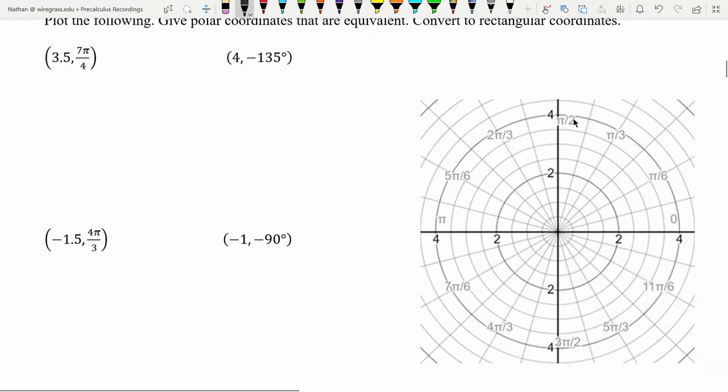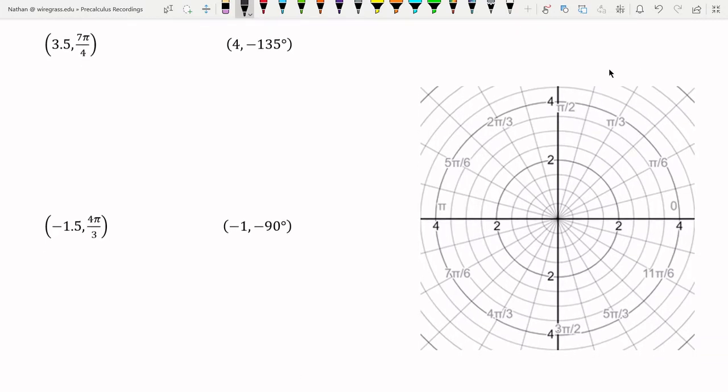So first off, (3.5, 7 pi over 4). 3.5 is going to be, well, if this is 2, this right here is going to be 1. Here's 3. And 3.5 is going to be on this circle here. And then we're going to look at 7 pi over 4. Well, 7 pi over 4 is, let's see, right here. It's this 45.